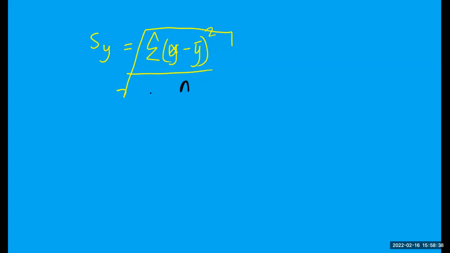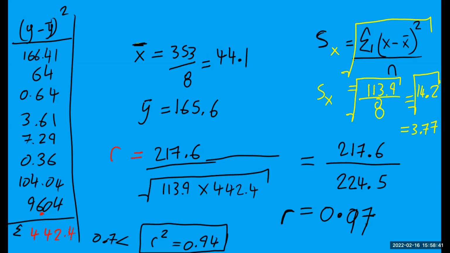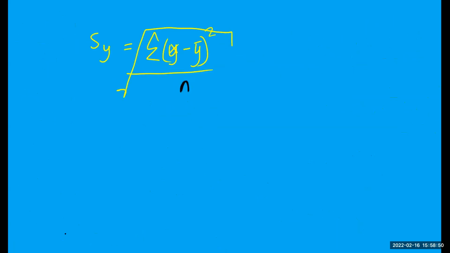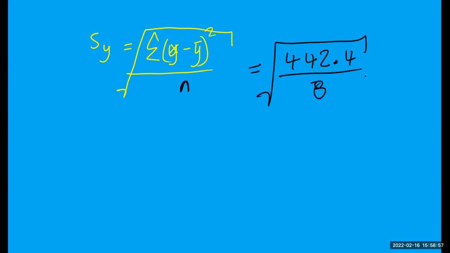So let's go. Now we have the sum of Y minus bar Y squared over N. That will be 442.4 over 8, square rooted. We'll put that in the calculator. Now square root it, so that's the square root of 55.3. I'll get 7.44.